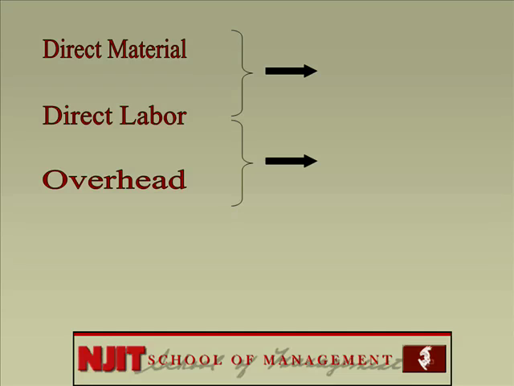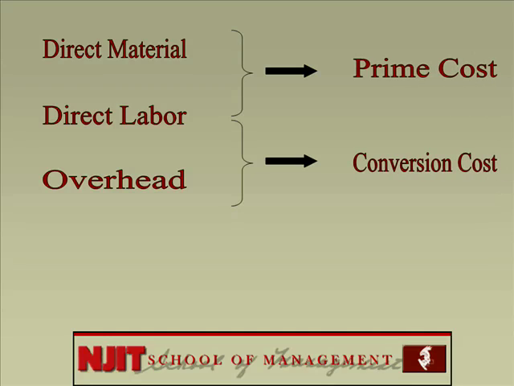Direct labor and overhead combined is called conversion cost. So prime cost is direct material plus direct labor. Conversion cost is direct labor plus overhead. That was easy, right? Now, we have only two more cost concepts to do. They are marginal cost and marginal revenue.